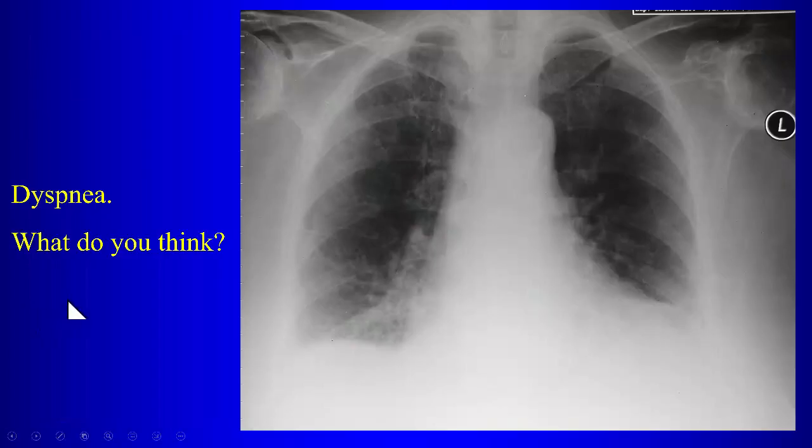Okay? This patient is short of breath. What are the findings on the chest radiograph? Well, do the lungs look normal? What's wrong with the lungs?